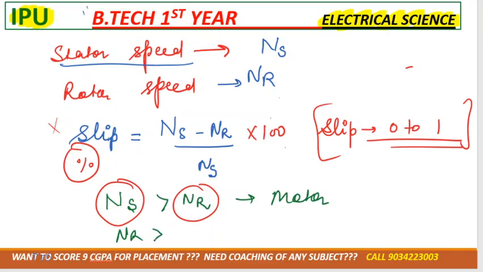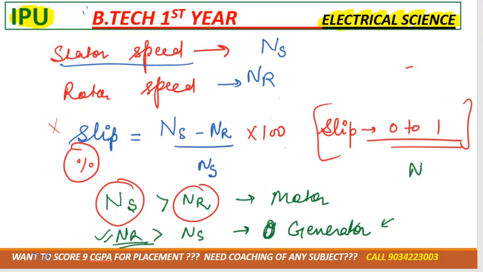If nr is greater than ns, then the same machine will work as a generator, by using a prime mover or any extra device that will increase the speed of the rotor. Now tell me one thing: if nr is equal to 0, means the rotor is not rotating.